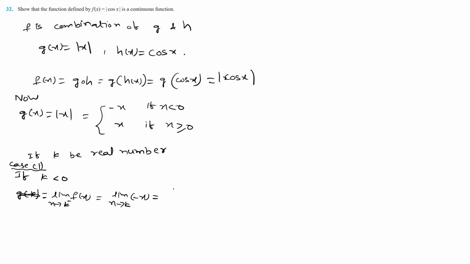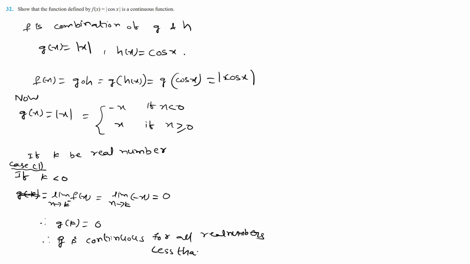So minus x, substituting here, we will get 0. Even the limit function, g of k also, we will get 0. Therefore, g is continuous for all real numbers less than 0.